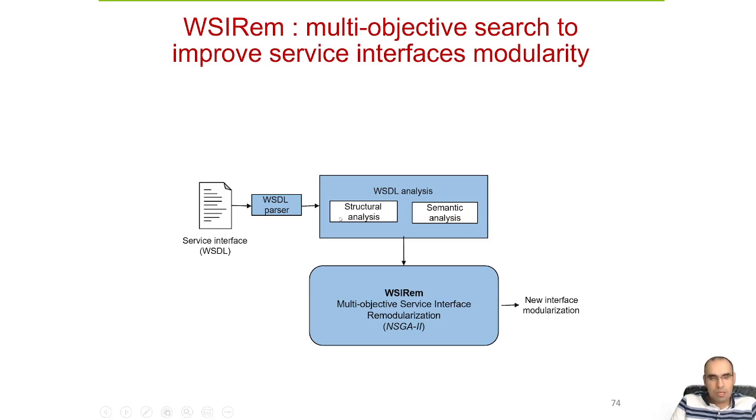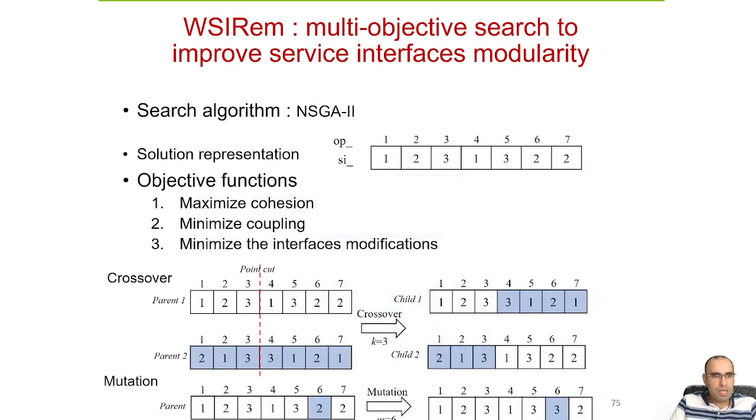Then we used WSIR, Web Service Interface Remodularization, the name of our approach. The goal is to identify new interface modularization. This means that we want to restructure or split up the interface into smaller interfaces that are more cohesive and loosely coupled. So here our search algorithm is NSGA2. Of course, we compared multiple algorithms to find the best one.